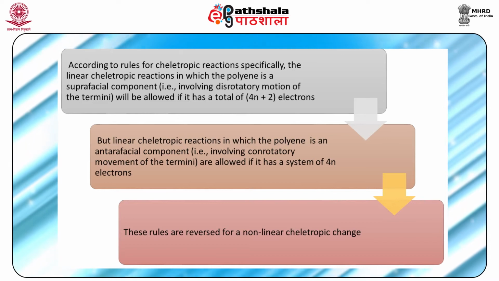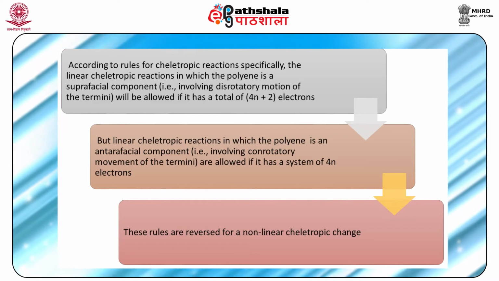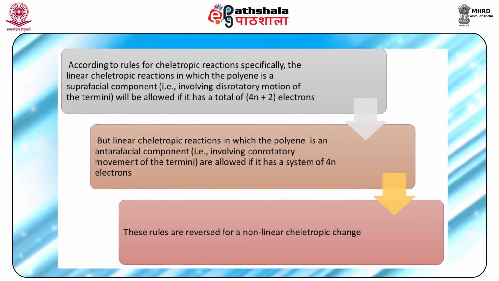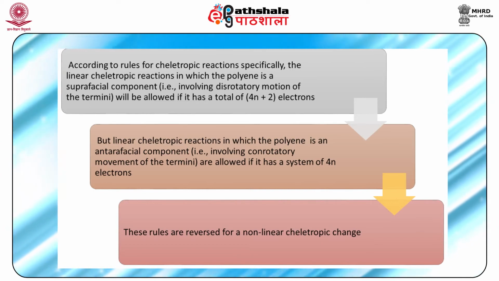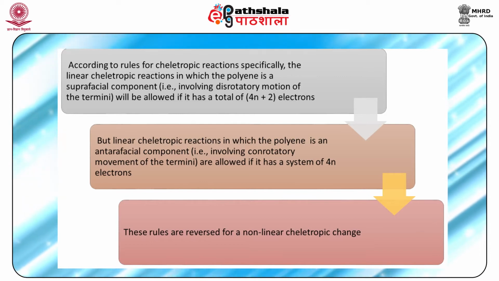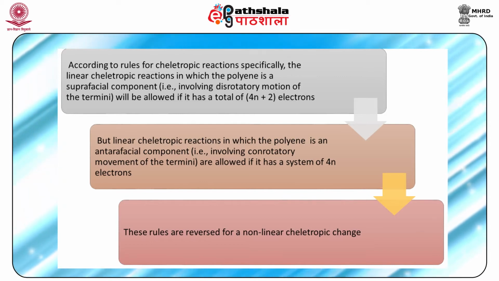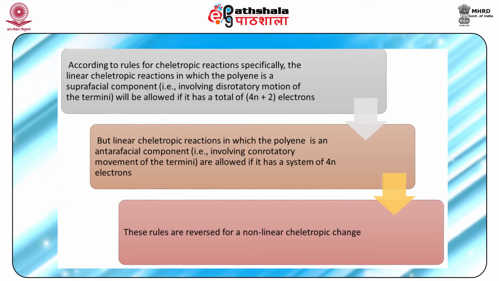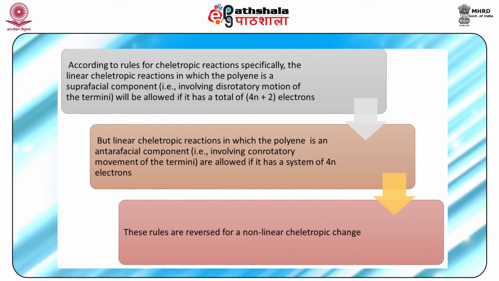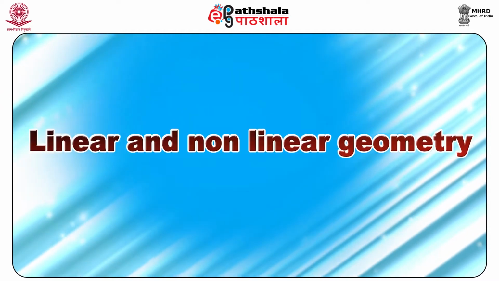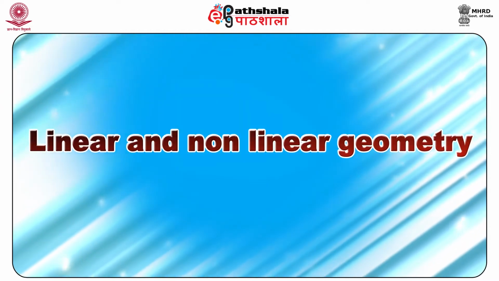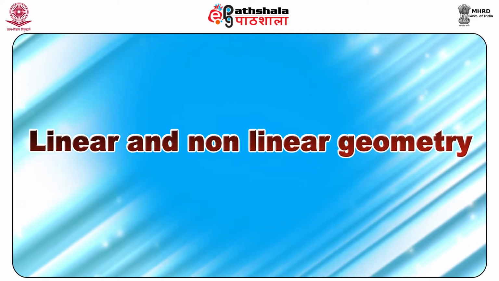But linear cheletropic reactions in which the polyene is an antarafacial component, that is involving conrotatory movement of the termini, these are allowed if it has a system of 4n electrons. These rules are reversed for a nonlinear cheletropic change. Next, let us talk about linear and nonlinear geometry.